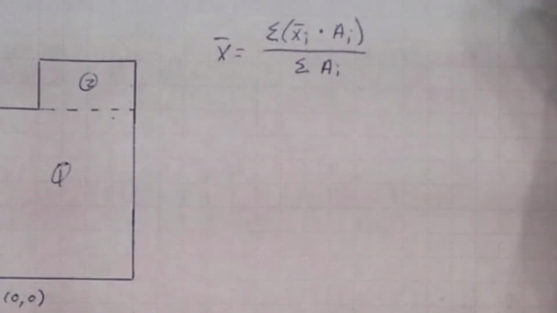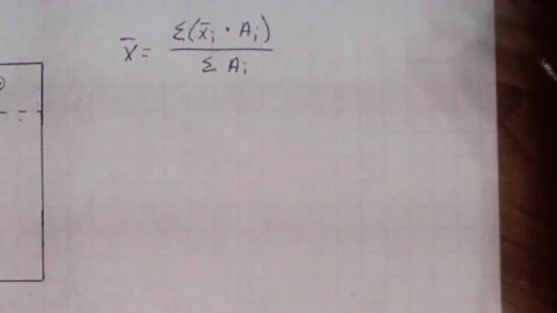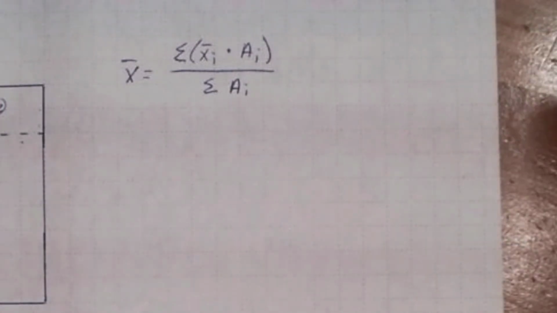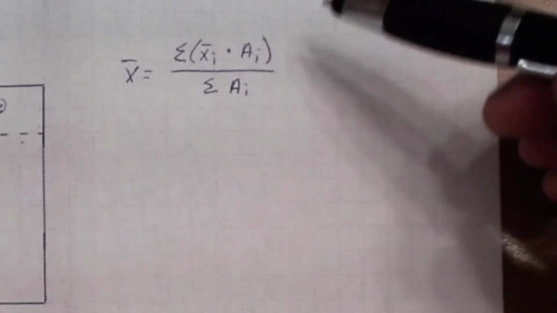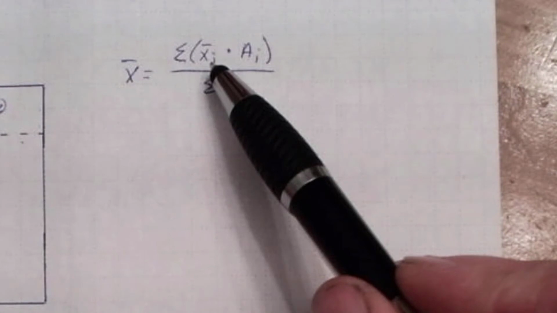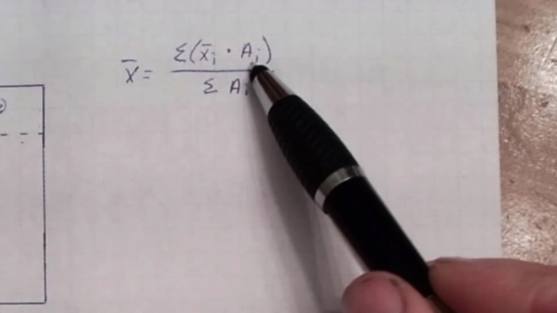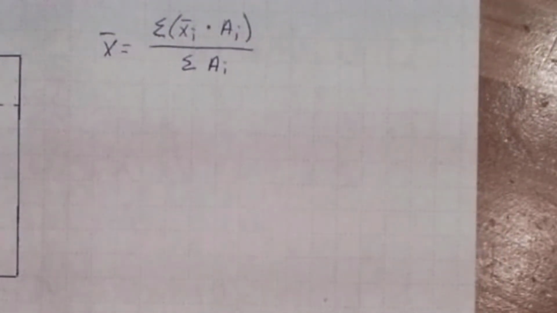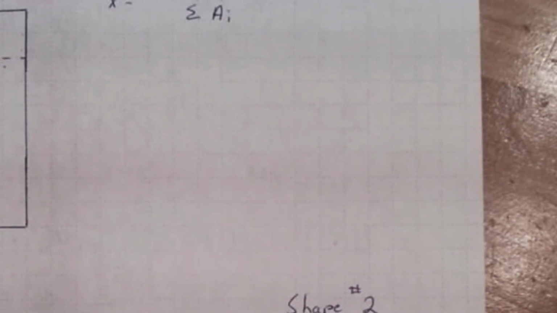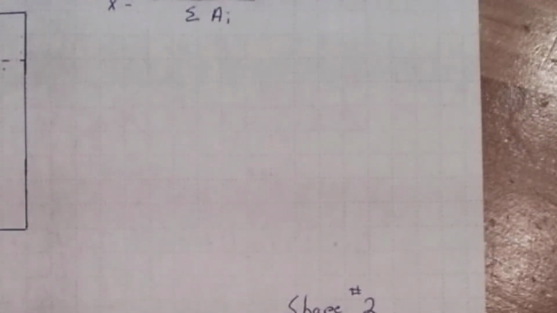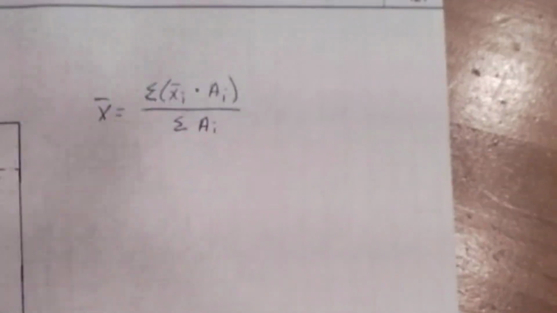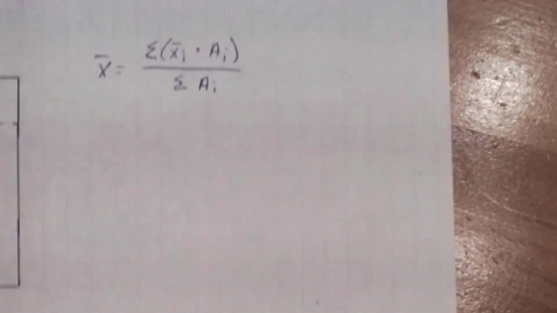It is not over the top confusing, it's just the way it's written. So basically, the sum of x bar i times area i means for each shape, we're going to take x bar and multiply it times the area for each shape. And then we're going to add the areas of each shape up.